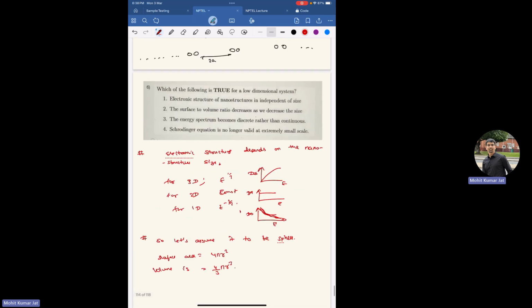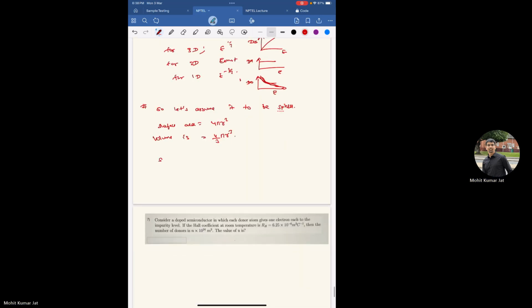Now it's saying surface to volume ratio. Surface to volume ratio is proportional to 1 by r. As we decrease r, surface to volume will increase.